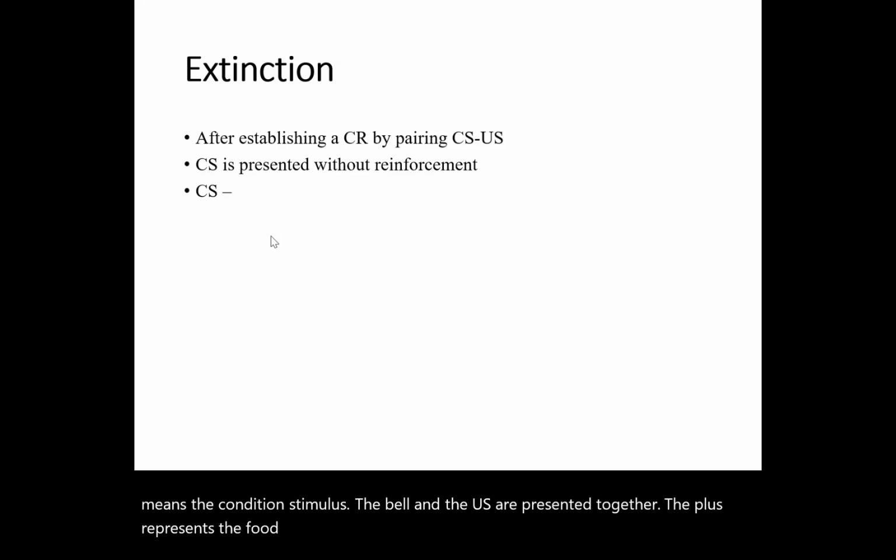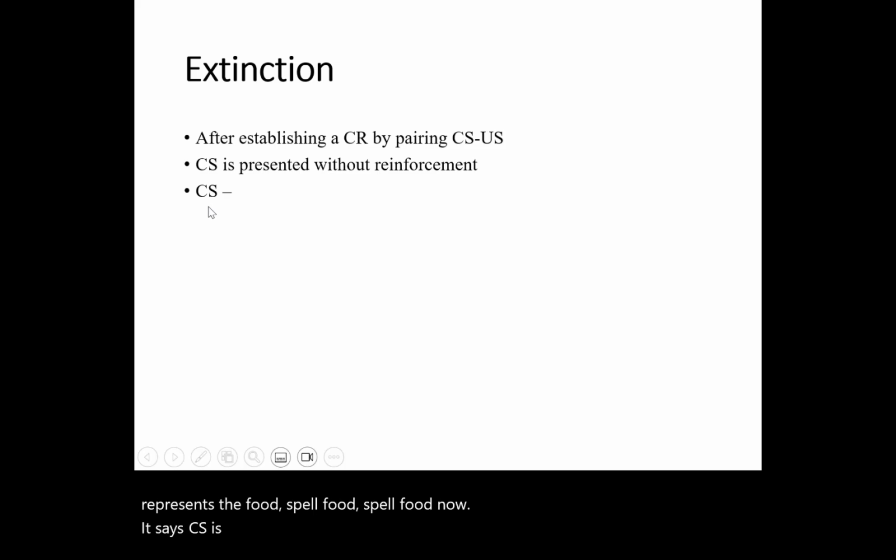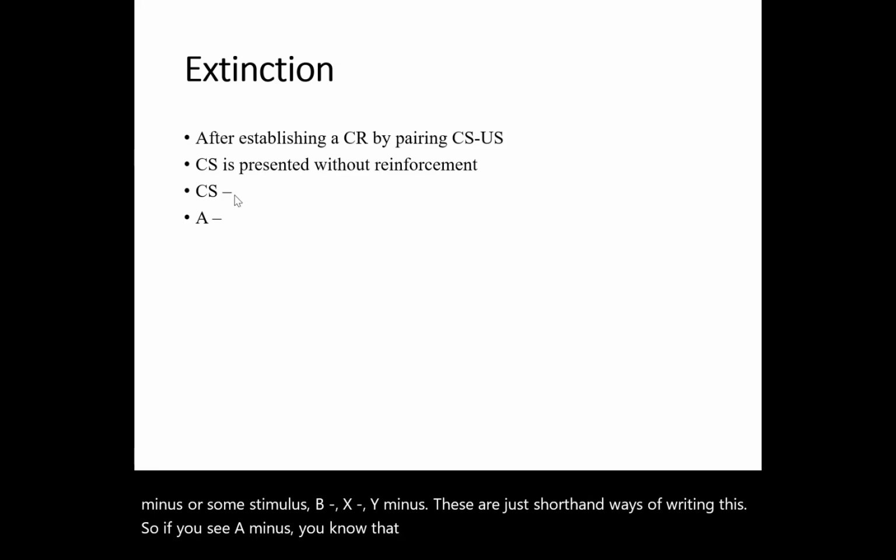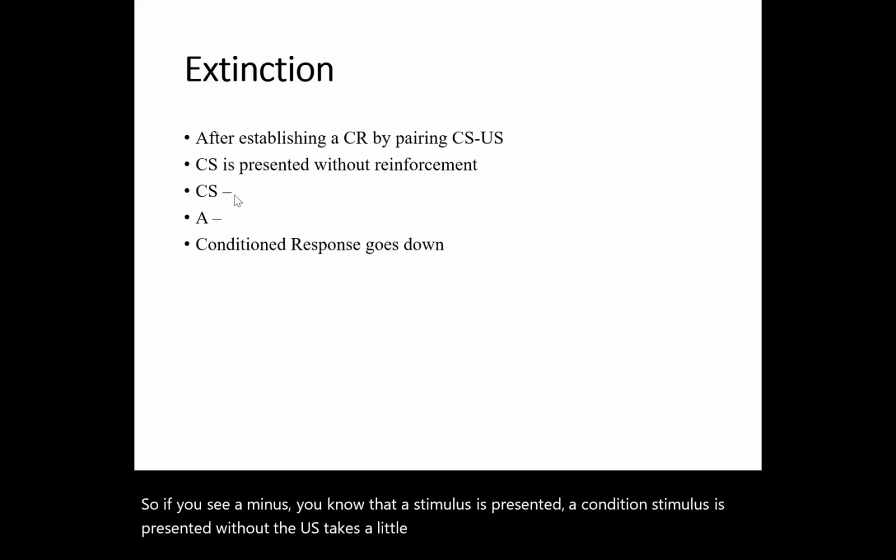Bell, food, bell, food. Now, if the CS is presented without the US, we call that CS minus. Sometimes it's just A minus or some stimulus. B minus, X minus, Y minus. These are just shorthand ways of writing this. So if you see a minus, you know that a conditioned stimulus is presented without the US. Takes a little practice, right?